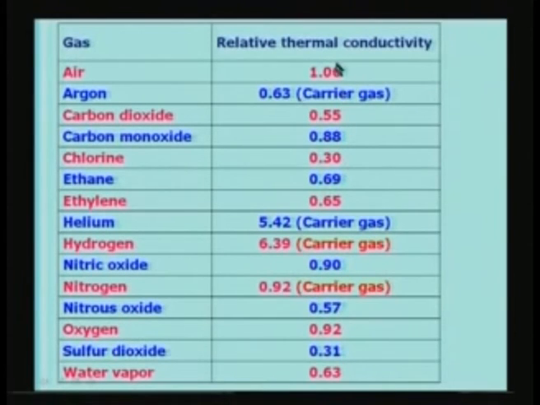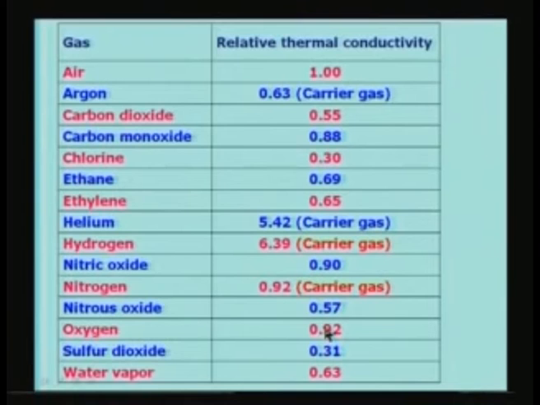Actually, what is the difference between air and nitrogen? Air contains a large percentage of nitrogen and some smaller percentage of oxygen. And if you see here, oxygen is also more or less like 0.92. Of course, the air may contain other constituents, therefore it is equal to 1. So, nitric oxide 0.9, nitrogen 0.92. Of course, nitrogen and oxygen I cannot distinguish using thermal conductivity, because they have more or less the same thermal conductivity.